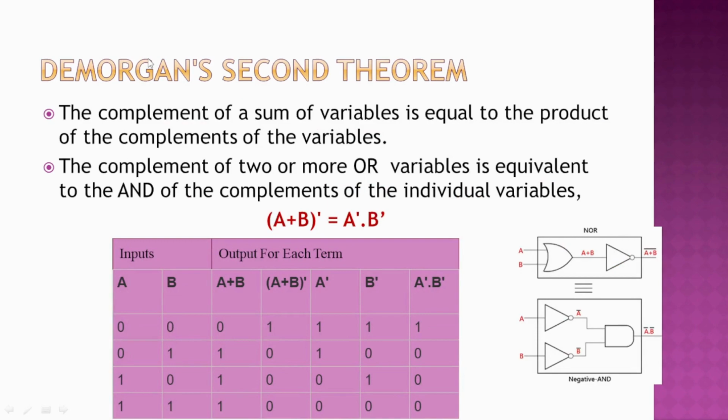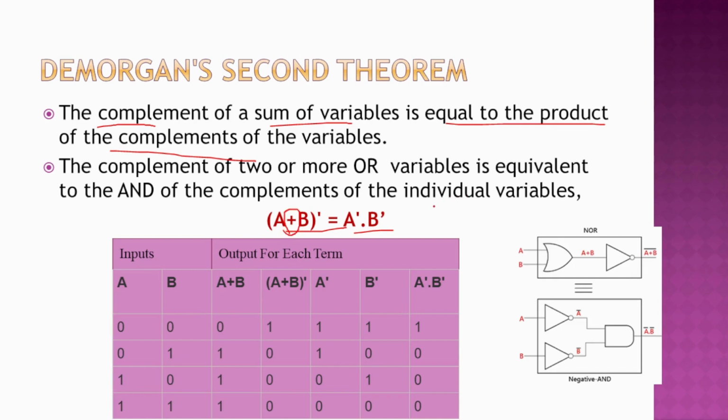De Morgan's second theorem. This theorem is opposite to De Morgan's first theorem. The complement of a sum of variables is equal to the product of the complements of those variables. So, (A plus B) the whole dash is equal to A dash dot B dash. In the first theorem, in the LHS we use the AND gate, but in the second theorem in the LHS we use the OR gate, that is the addition operation.